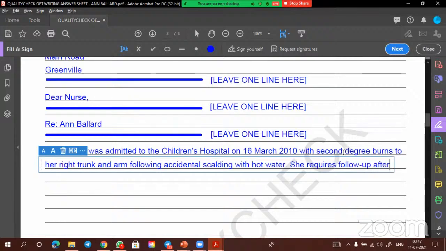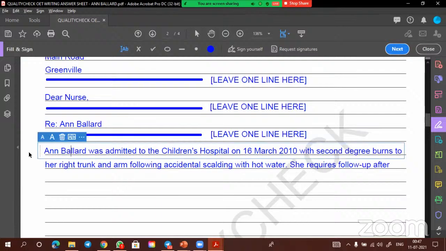So you can see here, Anne Ballard was admitted to the Children's Hospital on 16th March 2010 with second degree burns to her right trunk and arm following accidental scalding with hot water. This is first sentence.